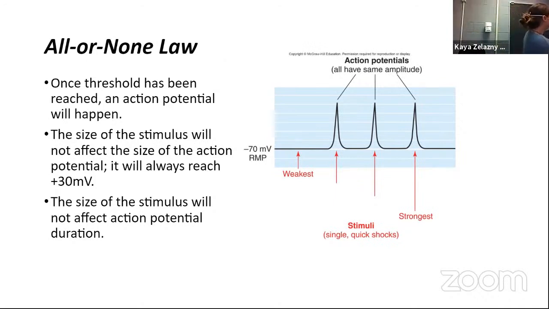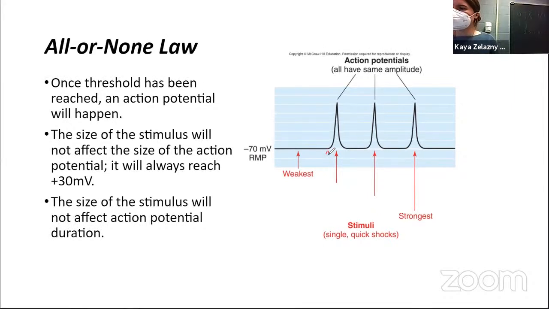The other thing about this all or none principle is that it doesn't affect how wide these action potentials are, which is to say that a single action potential is going to take the same amount of time in this one area of the membrane. We're going to talk about propagation of action potentials and how they pass down the length of a nerve or down the length of a neuron.